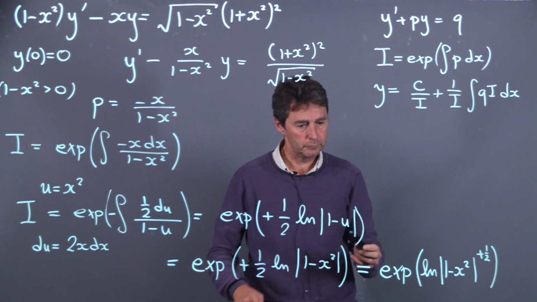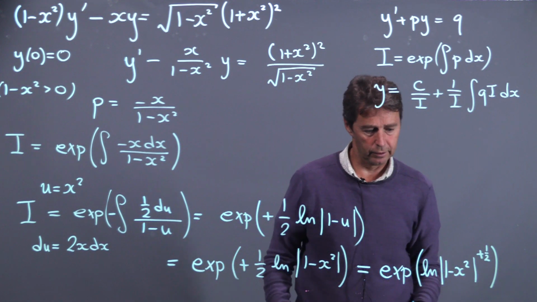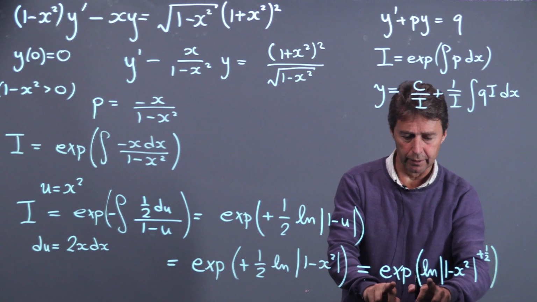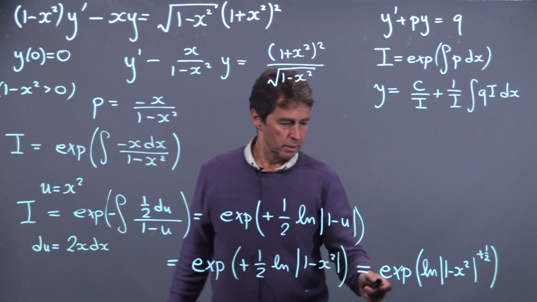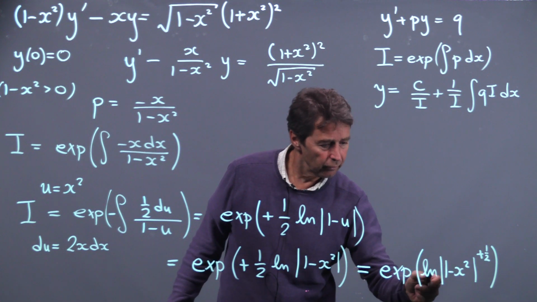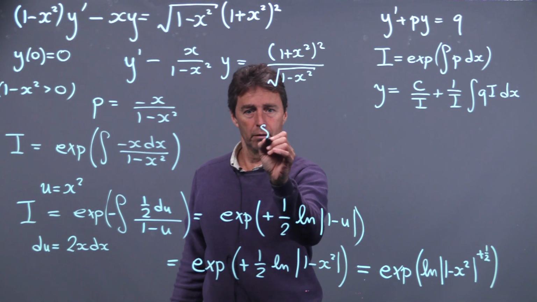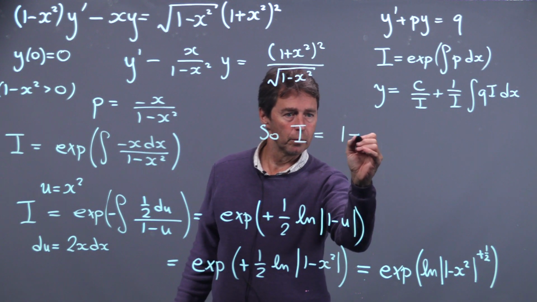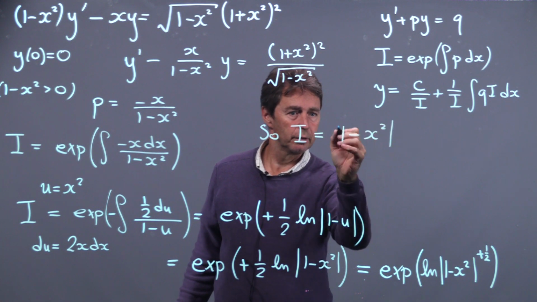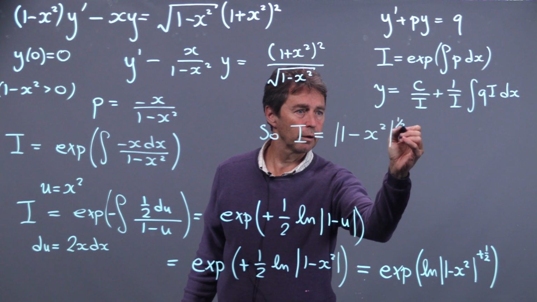Okay, so that is another way of writing the integrating factor, which is convenient because the exponential of the log gives me 1. It undoes the function, so I could write it as 1 minus x squared, absolute value, to the 1/2.